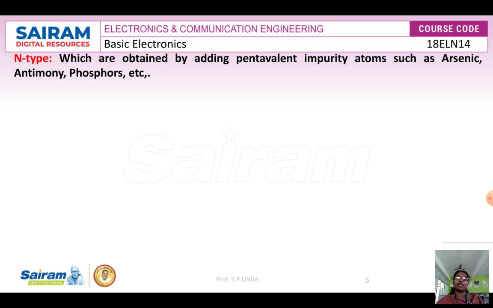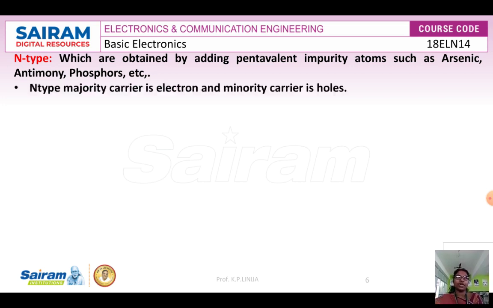Examples of pentavalent impurities are arsenic, antimony, and phosphorus. In N-type, the majority carrier is the electron and the minority carrier is the hole.